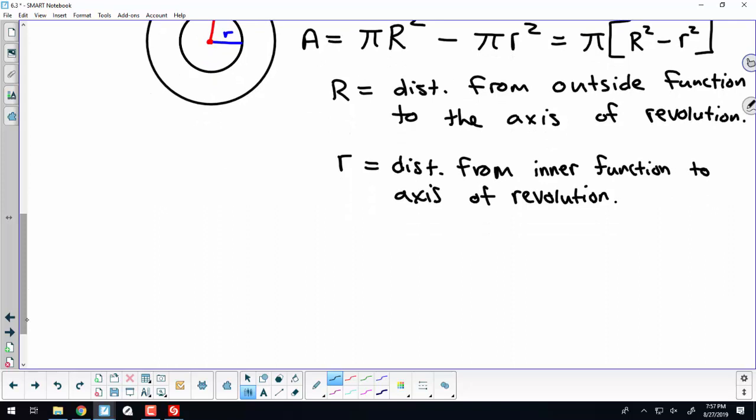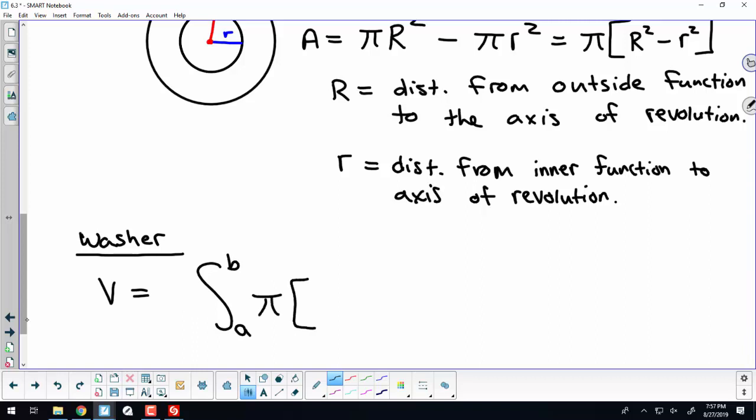I'm not quite sure if that's written out or not. I forgot to put that there. Okay, so the volume. This is the washer method. The volume is the integral from a to b of pi times the outer radius squared.